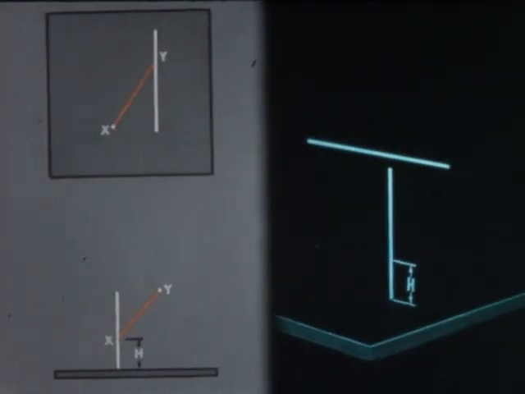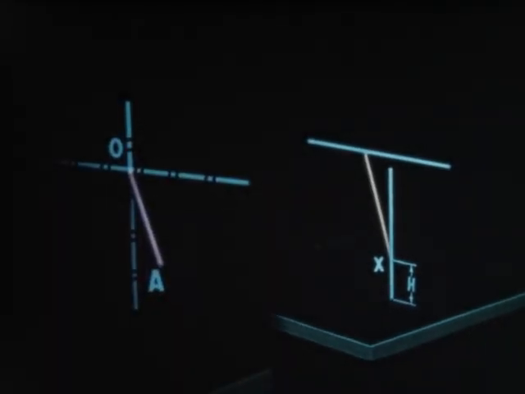Pictorially, X is located on the vertical line at an elevation H, taken from the front projection view. The line XY is placed parallel to the intersection line AO of the cones. Then the position of Y on the horizontal line should check with its location in the projection top view.